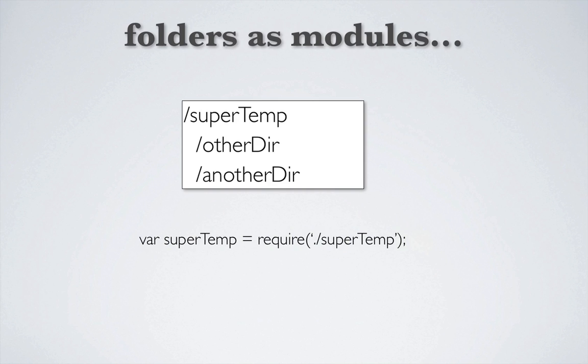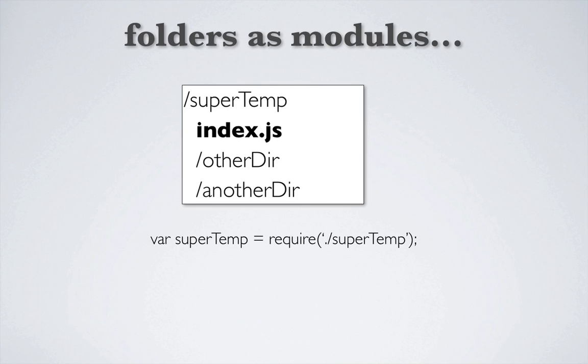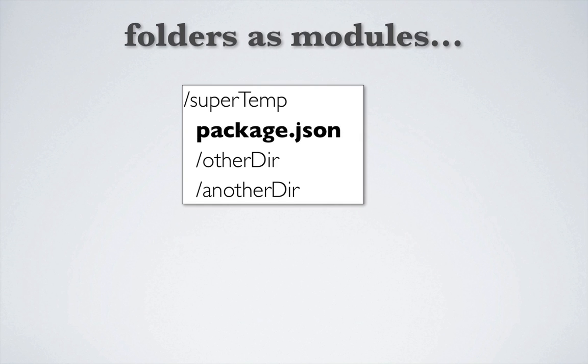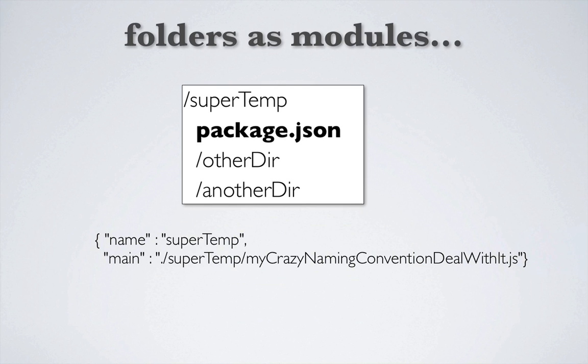So what are my options for the entry point or the initial JavaScript file that I want to put in /supertemp? If I create a file called index.js and put it in the /supertemp directory, Node will run that file first. I could also use the extension index.node. Finally, if I wanted to use a different name than index, you can create a package.json file using the following syntax. So let's see how that works.